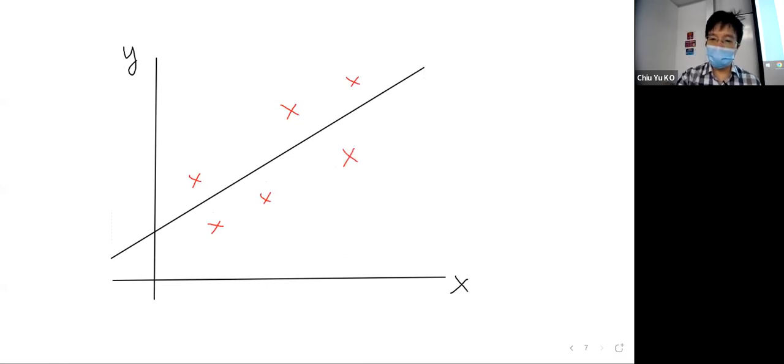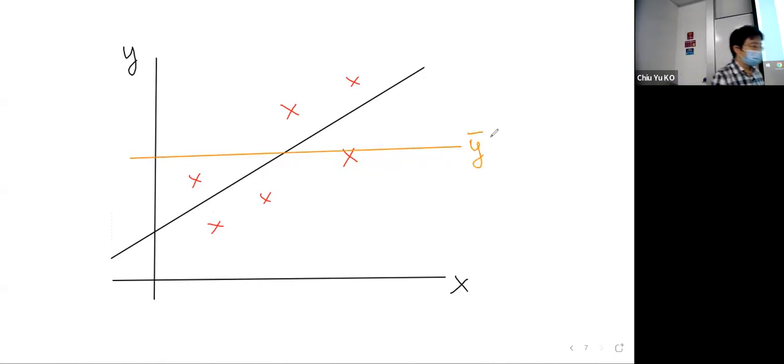Remember, if we don't use anything about X, how do you predict Y? What's the best predictor? It's just the Y bar. Y bar is the model we should have if we don't have anything about X. If you don't know X, how can we predict Y?